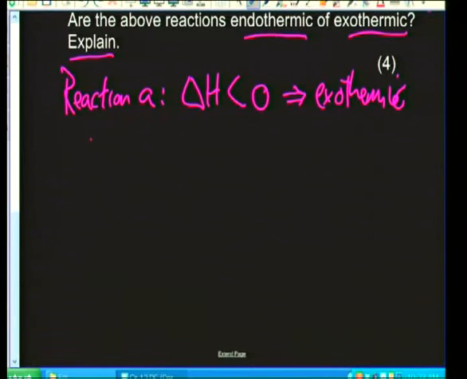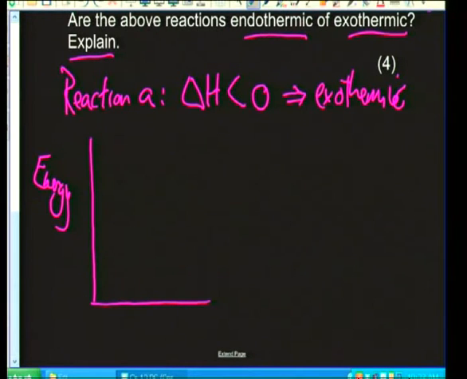Now, to check that it is exothermic, we need to make sure that we understand what delta H is. A very good way of doing that is just sketching an energy profile to check that we've got it all clear as well. You don't have to do this in the exam, but I think it's a good reminder for us while we're going through this question. So if I were to draw an energy profile diagram, I'm going to draw my axis over there, and this is going to be energy.